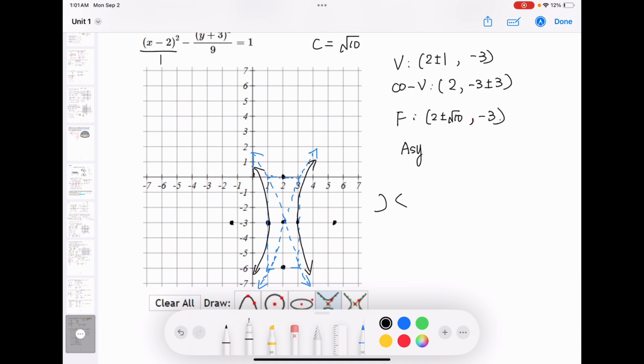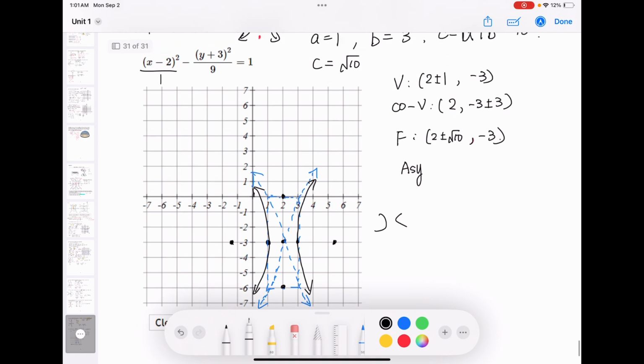What else? Asymptotes. For the asymptotes, we copy the parentheses from our equation. So from the equation, y plus 3, this is y squared, is equal to plus or minus. Let me ask you, is it a over b or b over a?